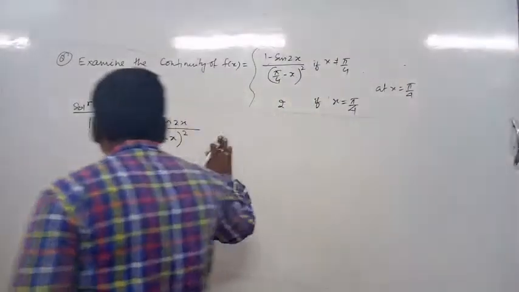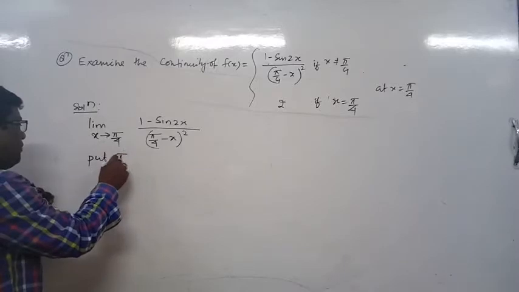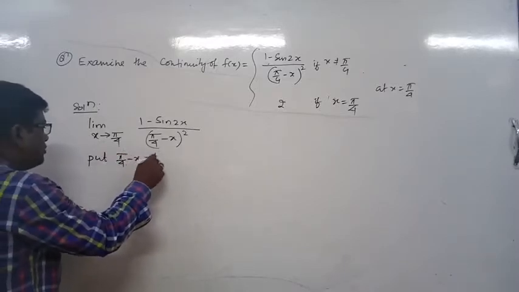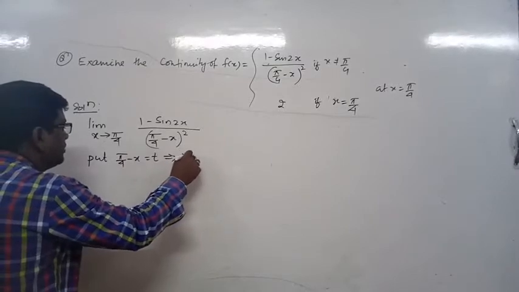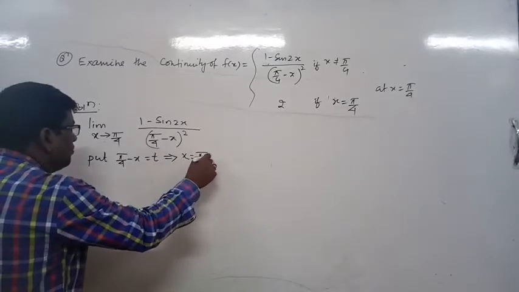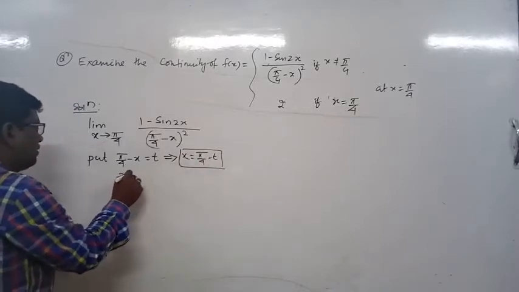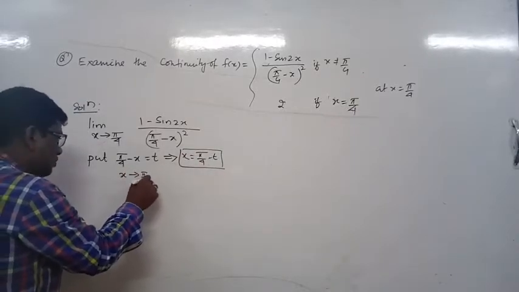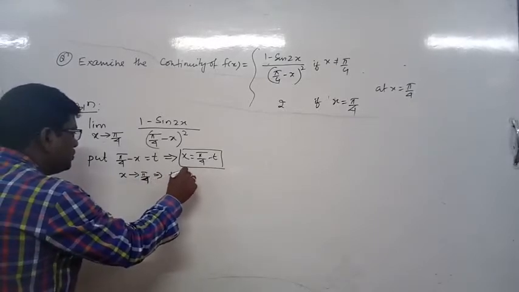So put pi by 4 minus x is equal to t. That implies x is equal to pi by 4 minus t. When x tends to pi by 4, that implies t tends to 0.